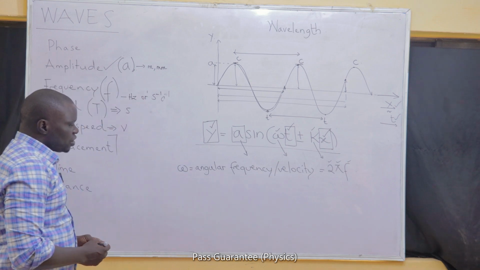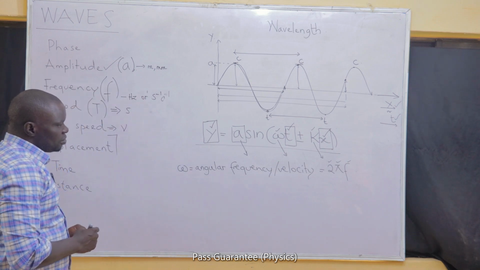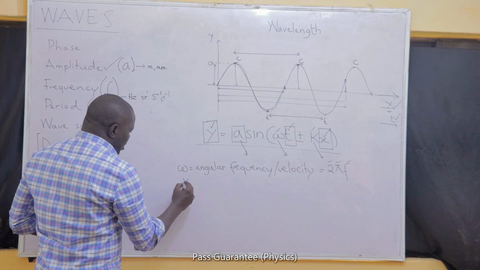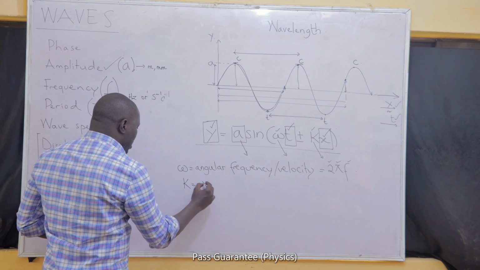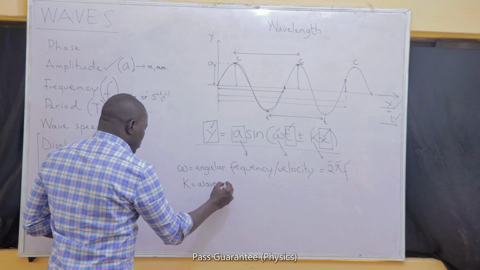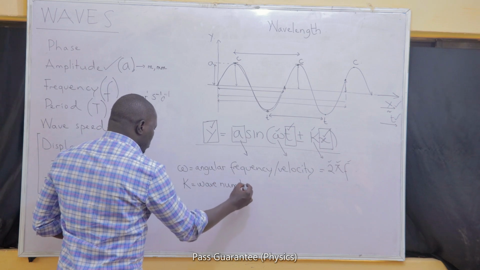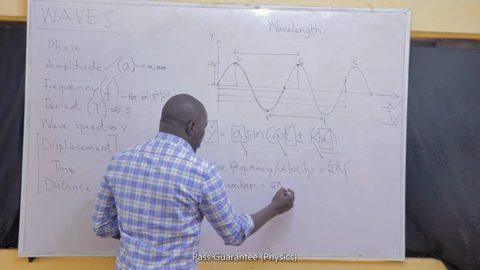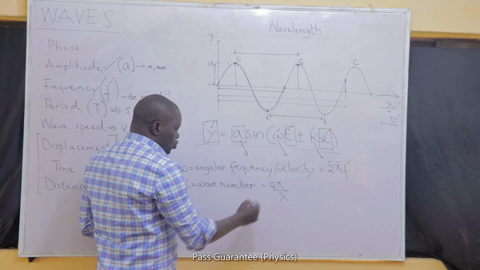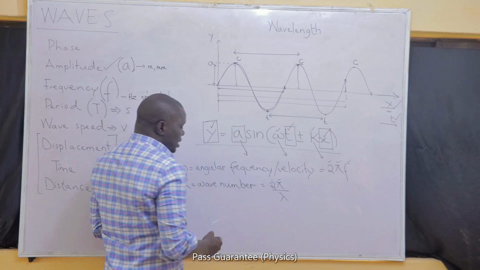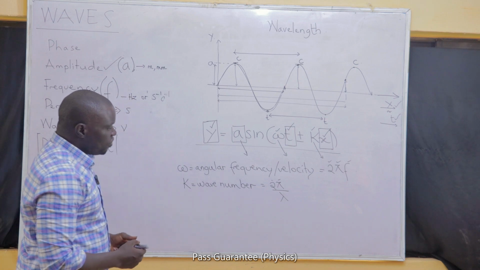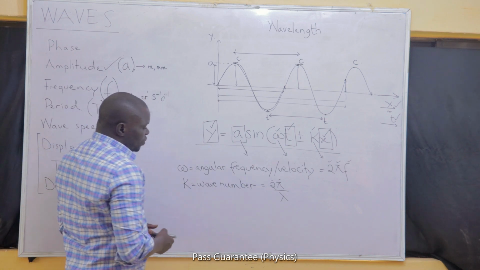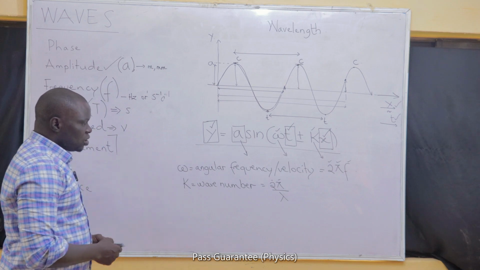That means if you know the frequency, you can find the angular frequency from that expression. Now, k is called the wave number. We determine it from 2 pi all over lambda. 2 pi, then lambda is the wavelength of the wave in meters. So k is the wave number, and it is expressed as thus.